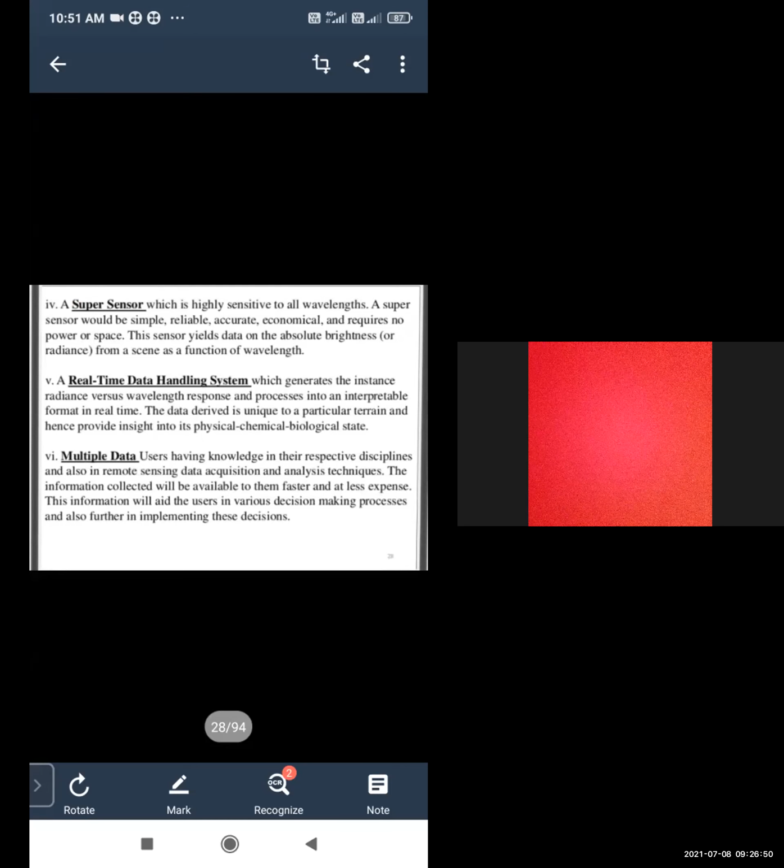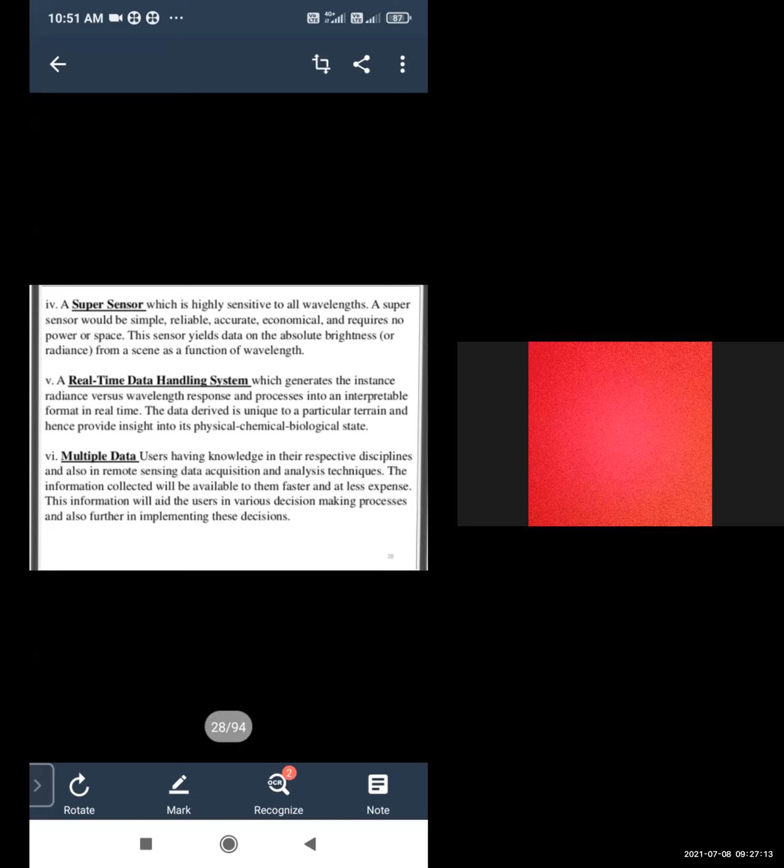So super sensor means the radiation should be sensitive for all wavelengths and also accurate, reliable, and economical.